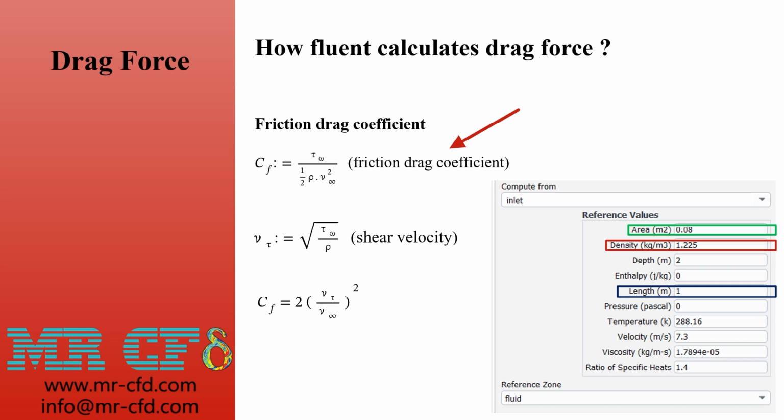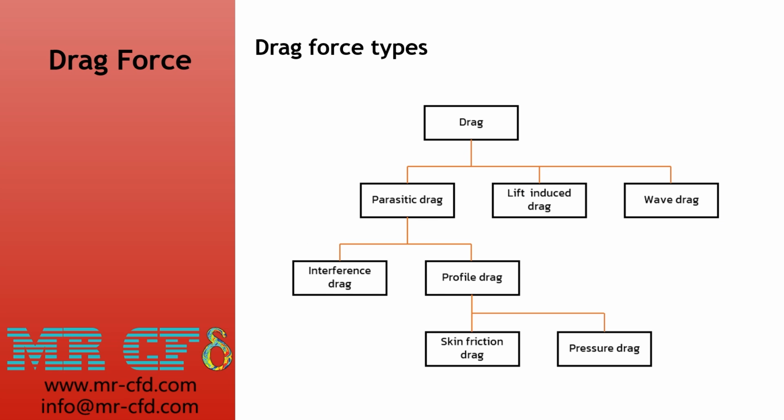The friction drag coefficient Cf relates the wall shear stress tau_w to the flow velocity of the undisturbed external flow, V infinity. The flow velocity is expressed by the dynamic pressure of the undisturbed flow. Note that both quantities have the same units, and the quotient is dimensionless.